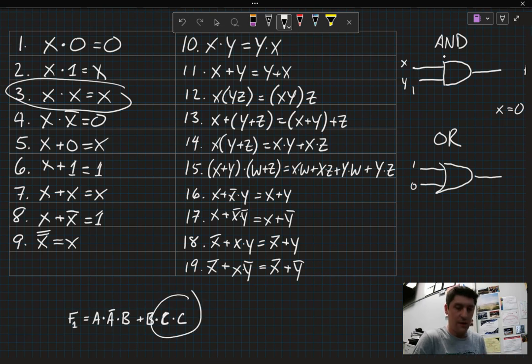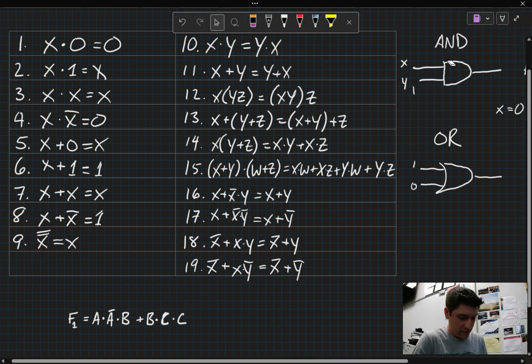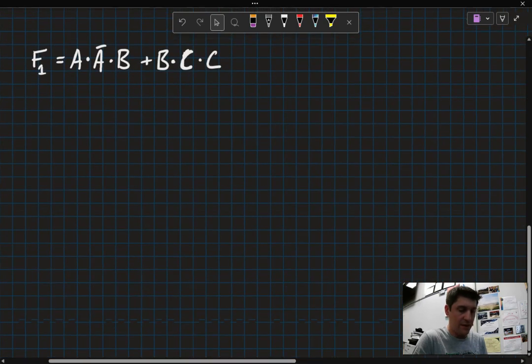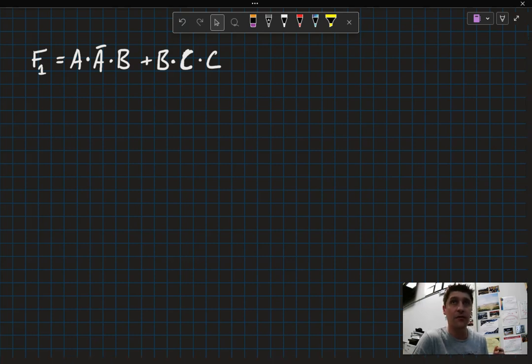And down here I have C and C. So I'm going to apply theorem 3 first. And it's worth mentioning that we can apply these theorems in a lot of different orders. It doesn't necessarily matter. Sometimes it makes things more complicated if we do them in a different order, but ultimately you should get the same answer if you're applying the same theorems to your simplification.